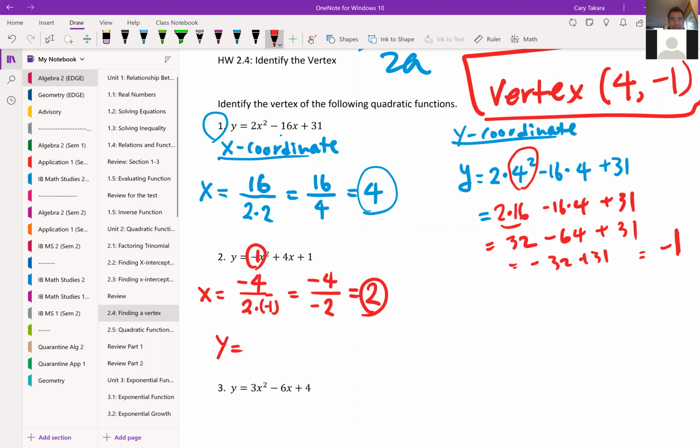Now we're going to plug 2 back into the equation. Now this could potentially be a problem. I'm talking about this right here. What did you guys get for the y coordinate?